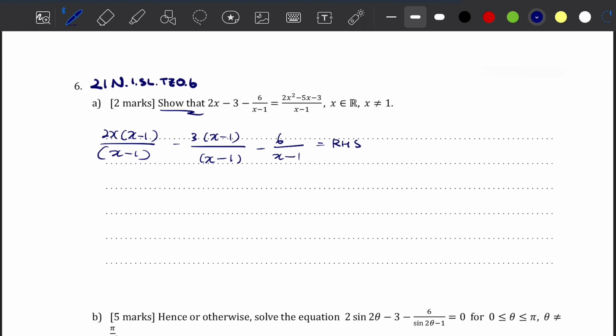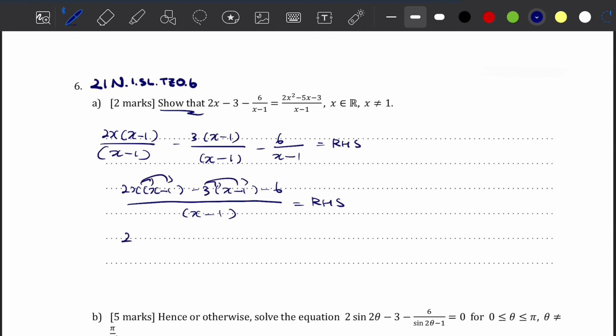Now all three terms on the left hand side are in fraction form, so we can combine them all together like this. Then for the numerator, let's get rid of the brackets.